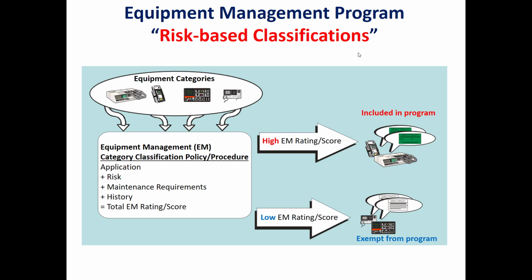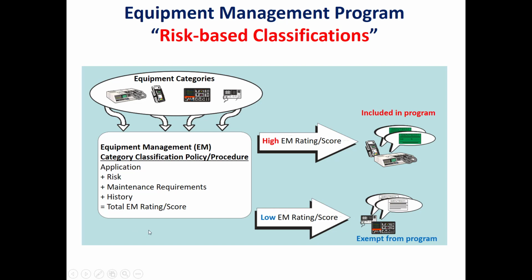is the one used to classify whether the medical device should be included or excluded from the PM program, or the preventive maintenance program. This will be based on a given number. The number will include parameters such as the risk of this device, the maintenance requirements of this device, and the history of this device.